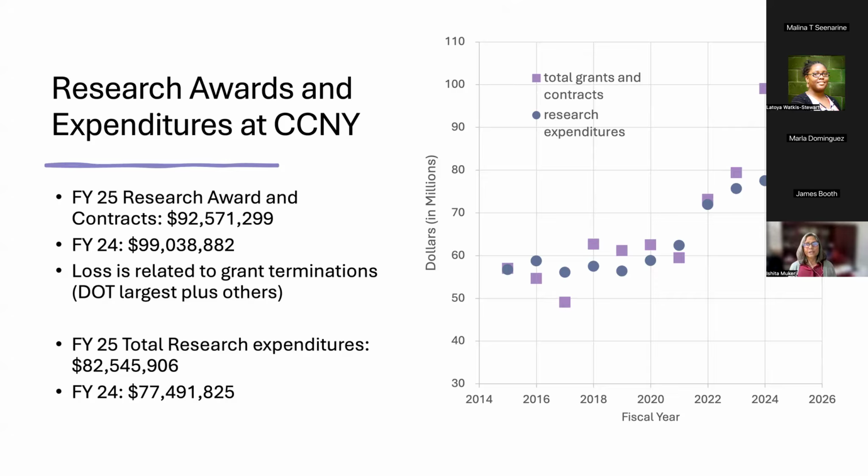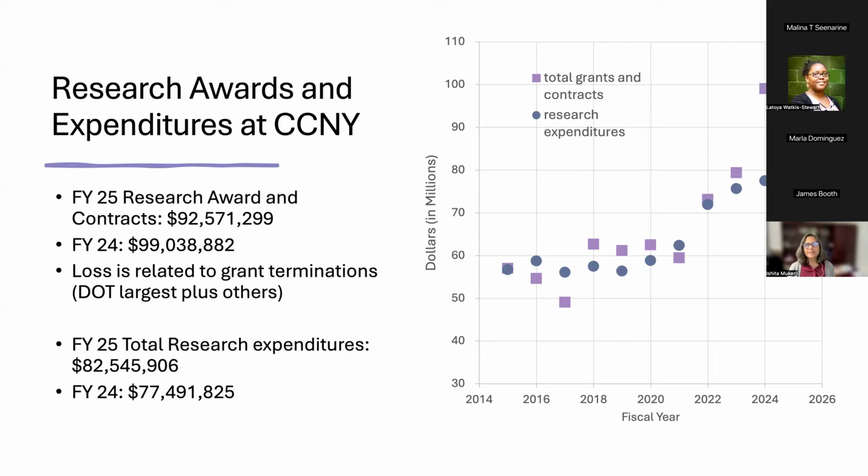One of which is that sometimes the whole award is given at once, whereas expenditures will occur on a yearly basis, right? So somebody gets a 3-year or 4-year award from the NSF and they get all the money at once, as opposed to every year. And so that's one way that the number can be inflated or different from our research expenditures.